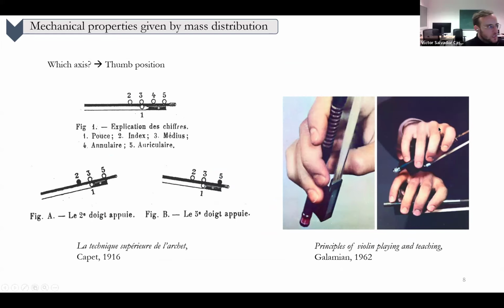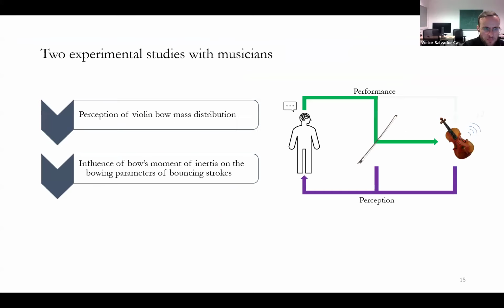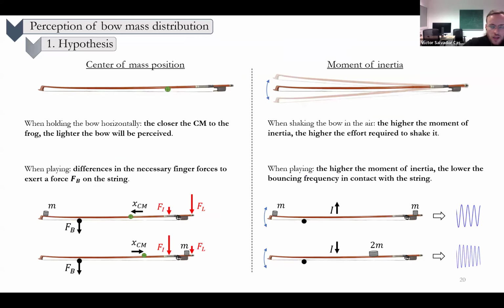So that's why I totally agree with the hypothesis of the influence of the center of mass position on the perception of the weight of the bow. If we hold the bow vertically, we wouldn't mind if the center of mass is at the tip of the bow or at the frog.